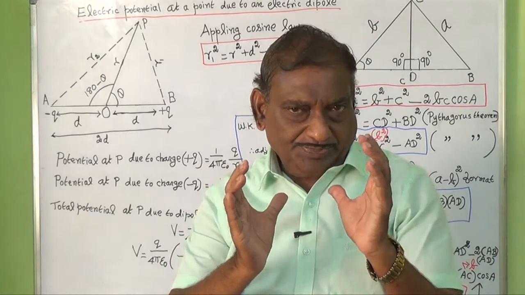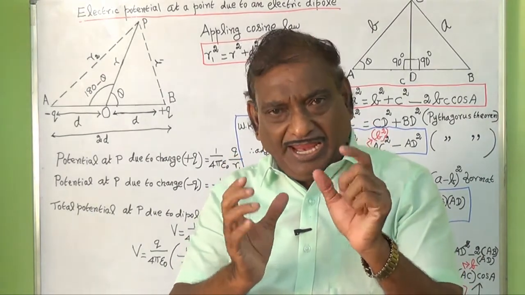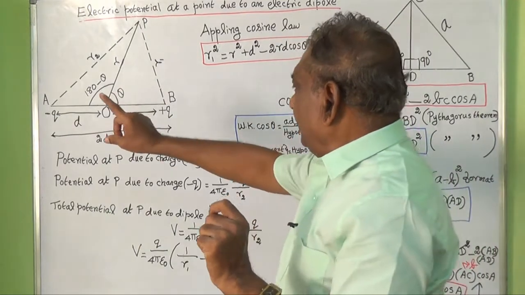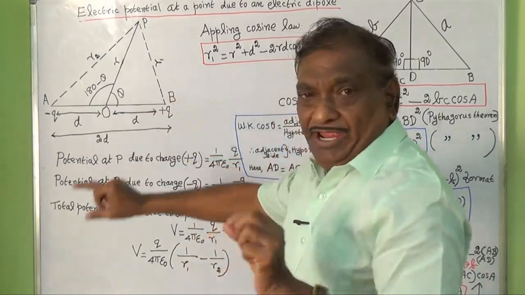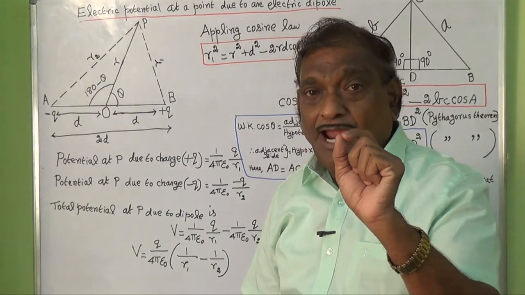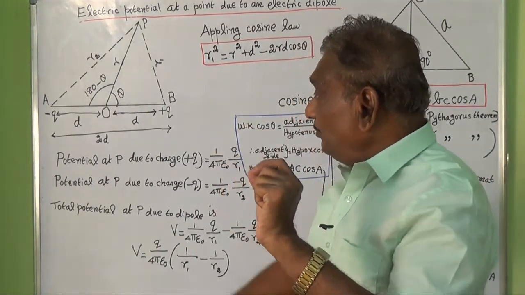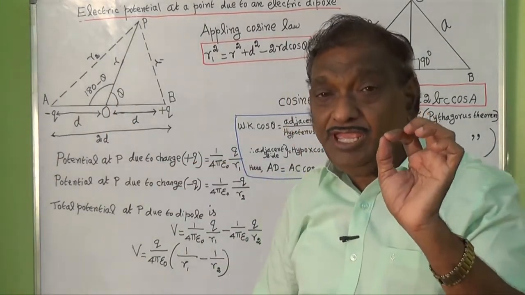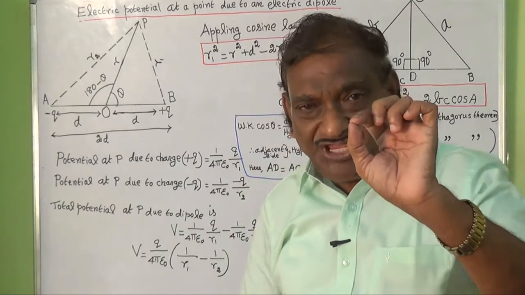First of all, we have to take an electric dipole. Here, the electric dipole AB is taken. At point A, the minus Q charge is placed, and at point B, the plus Q charge is placed.